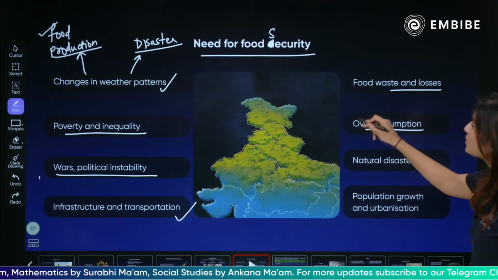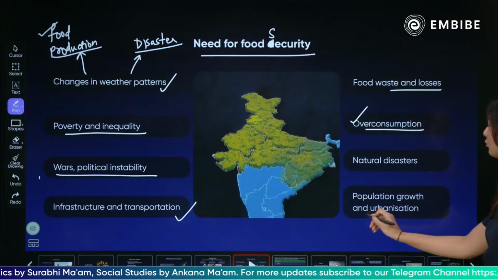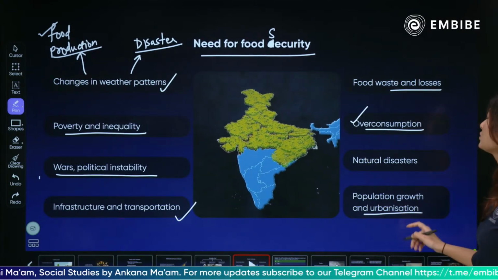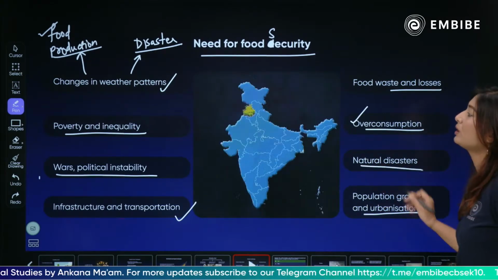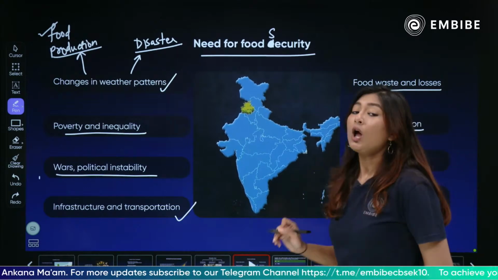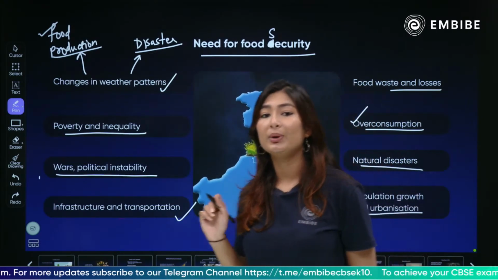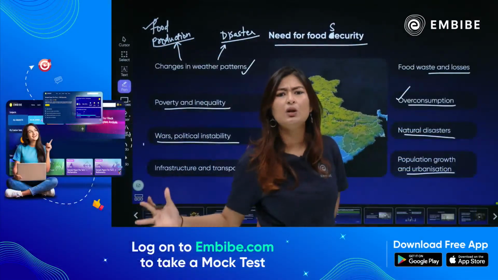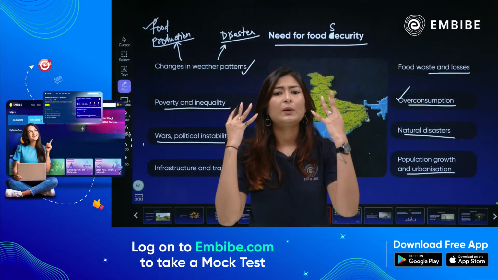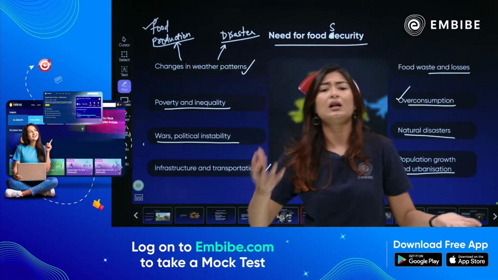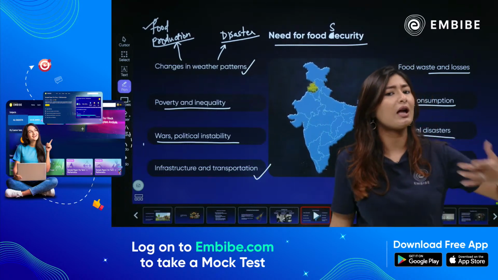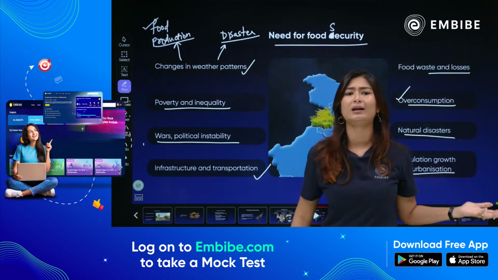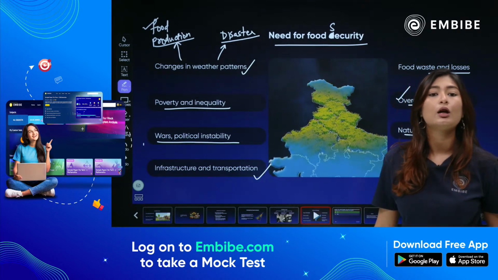So over consumption, population increase, population growth, urbanization, ऐसी problems हो जाए तो, natural disaster हो जाए तो, in all of these situations we don't want to fall prey, we don't want to become a victim of the situation where we become absolutely helpless कि हमारे पास भैया उपाय ही नहीं बचा है कुछ करने के लिए. We have no alternative, we have no food, people will start fighting, conflicts happening, riots happening.